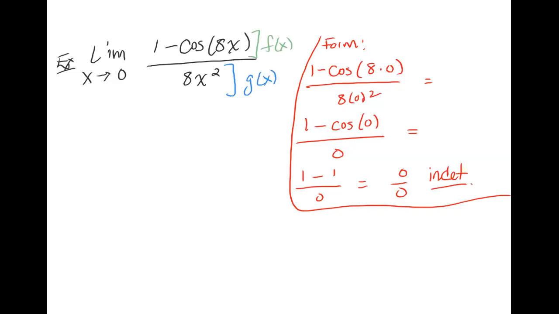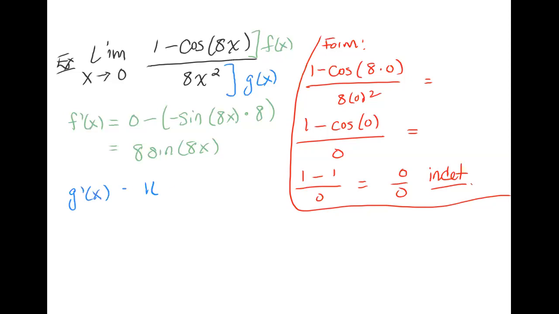Okay, so f prime is equal to the derivative of 1 minus cosine of 8x, which is the derivative of 1, which is 0, minus, using the chain rule here, the derivative of cosine, which is negative sine of whatever's inside, 8x, times the derivative of 8x, which is 8, which is equal to 8 times the sine of 8x. And then g prime is the derivative of 8x squared, which is equal to 16x.